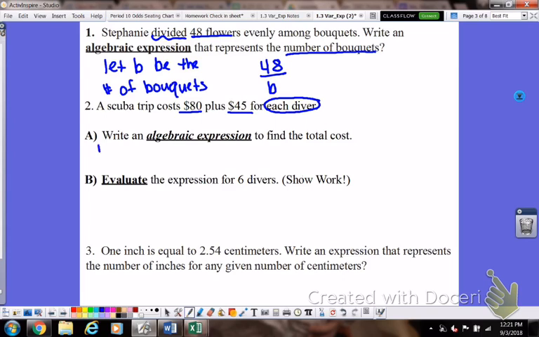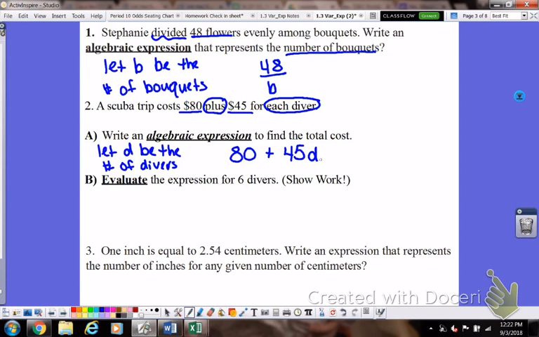So let D be the number of divers. Now our expression, we know that it costs $80 no matter what, plus $45 for each diver. Anytime it's for each or per, that's our multiplication, so 45D. There's our expression, 80 plus 45D.